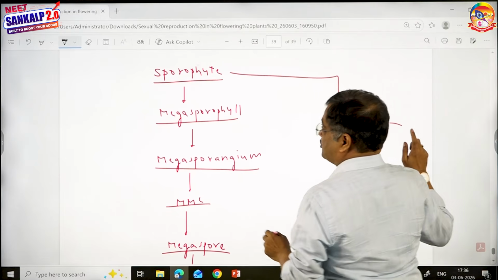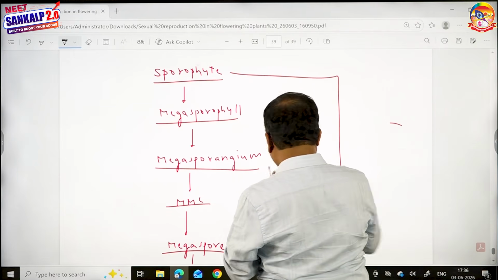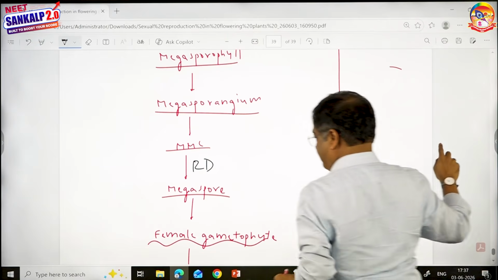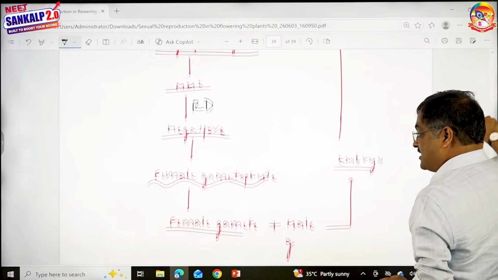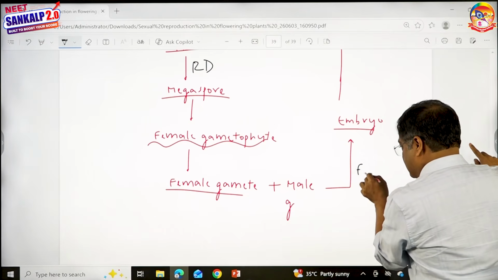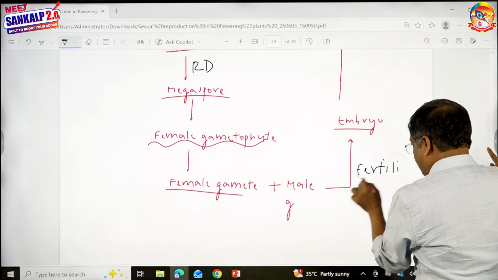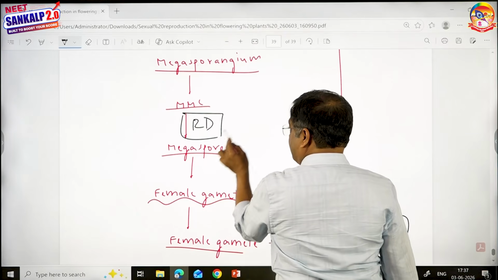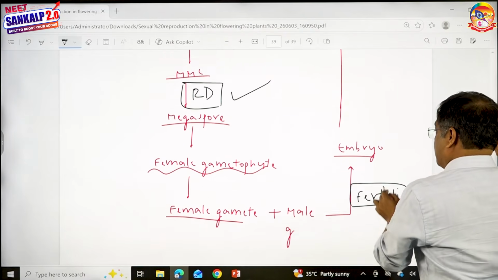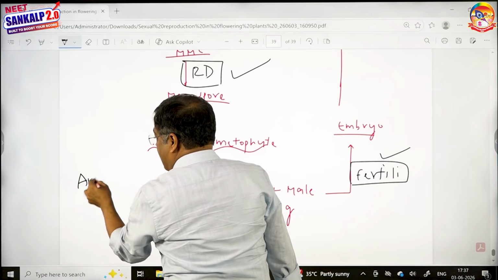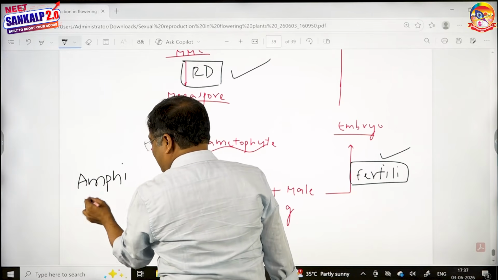Where? All right, this is it. Reduction division, yes. Do you see fertilization here? Syngamy, fertilization here, yes. All right. When you see reduction division and fertilization, you call this entire thing by one name, amphimixis.